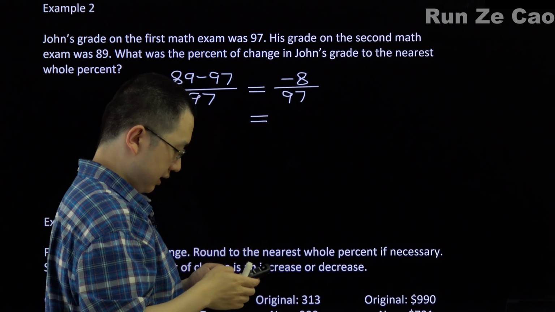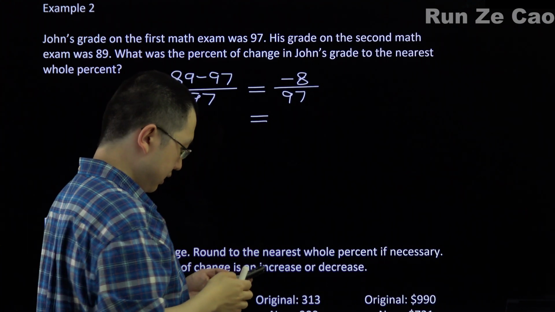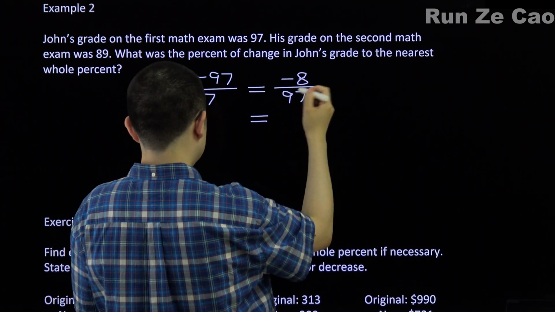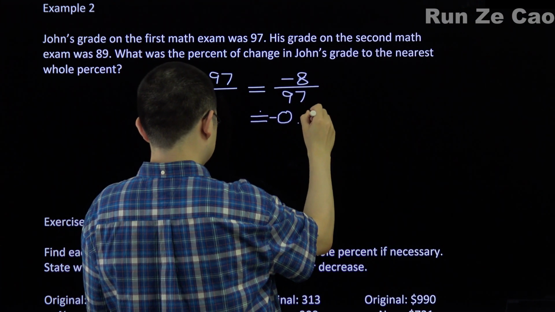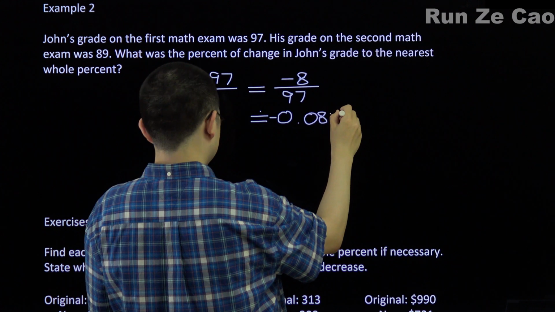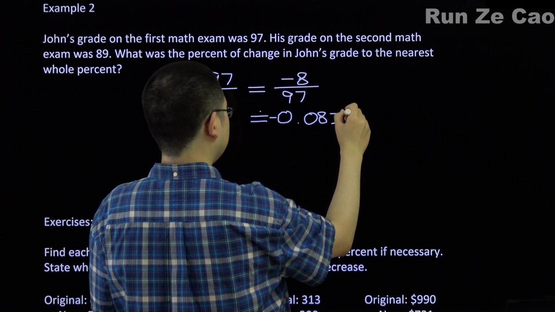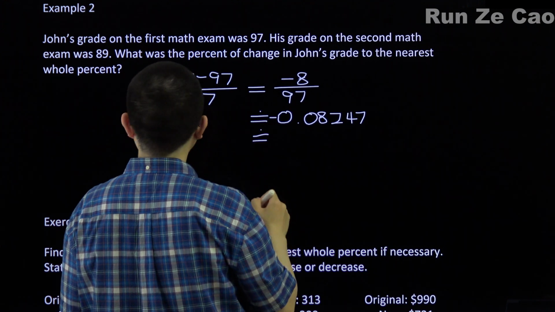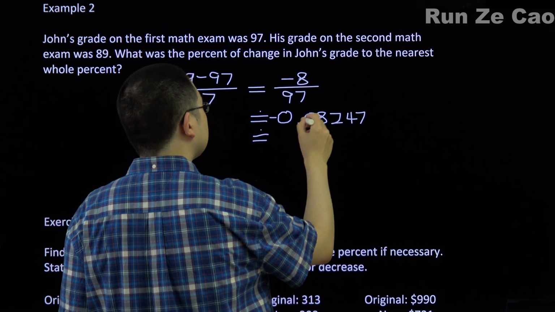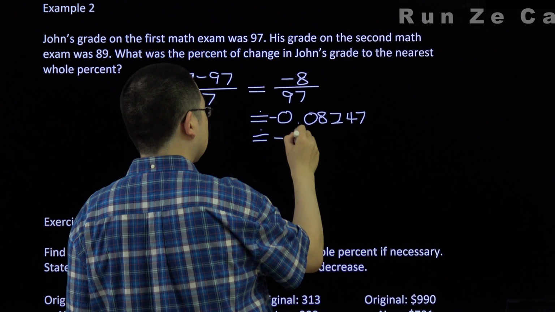Negative 8 divided by 97 is approximately negative 0.08247, something. Which, to the nearest whole percent, is going to be minus 8%.